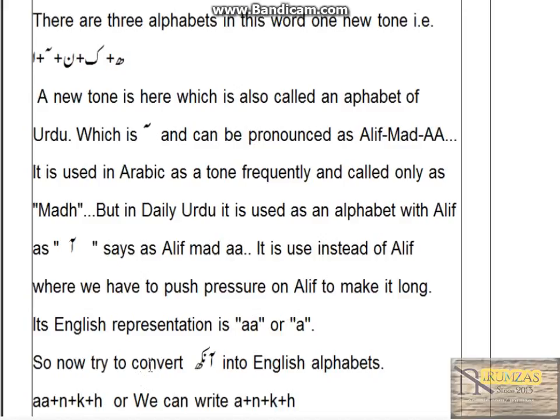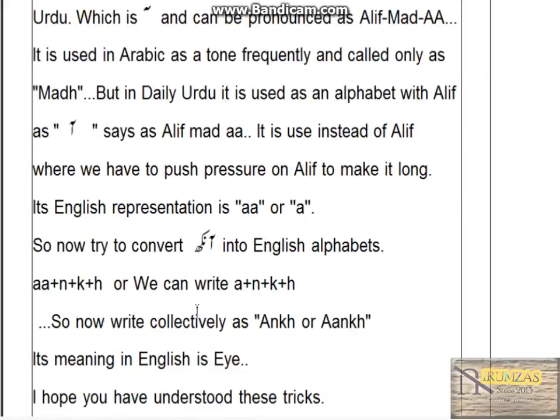So now try to convert ankh into English alphabets: double A plus N, K plus H. We can also write it as ankh with a single A. So we will write it collectively as ankh. Its meaning in English is eye.